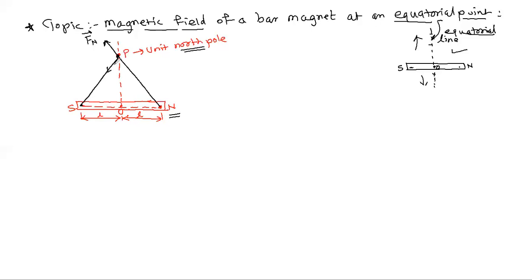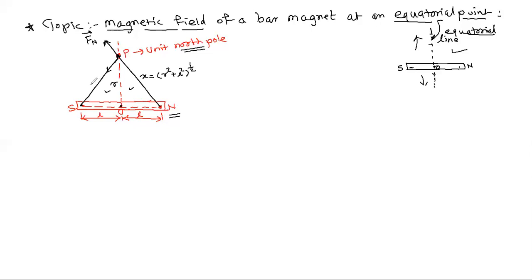Now, because you have to apply Coulomb's law here, the distance PN you can calculate. Suppose the point P is located on the equatorial line at a distance r from the center, and this distance is L, the same in this triangle and in this triangle also. So I can write this distance, suppose x is the distance here, as (r square plus L square) raised to 1 by 2, by using Pythagoras theorem.